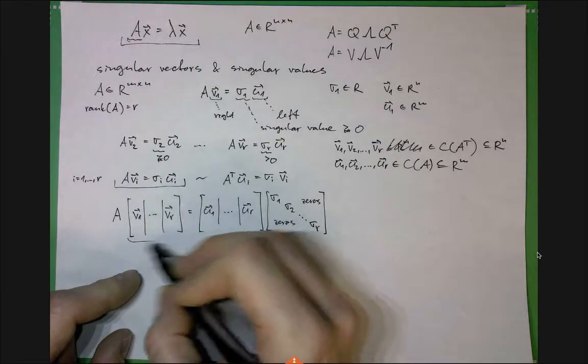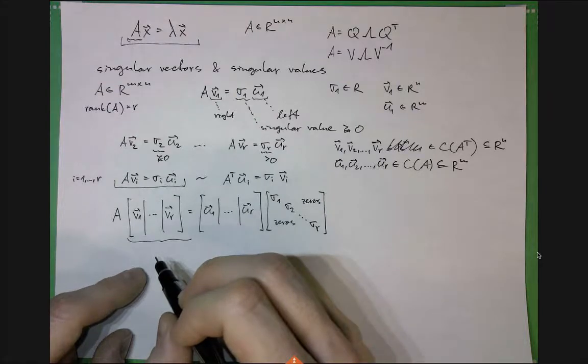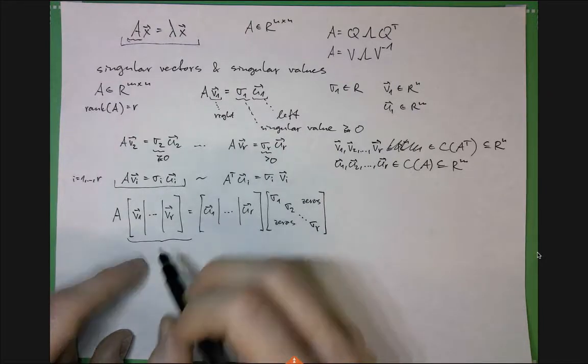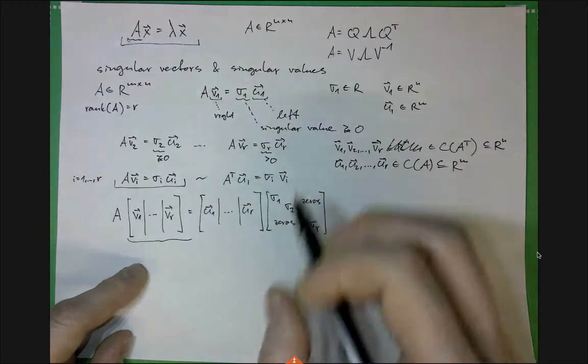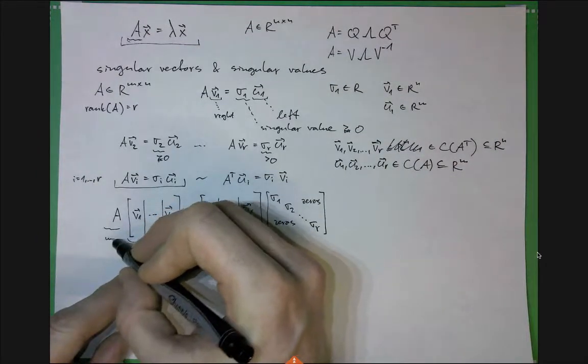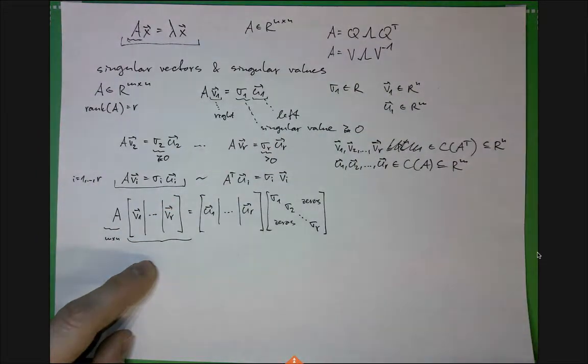Might be interesting to take a look at the dimension of this matrix. You tell me. So A was m by n to begin with, right? So what is going to be the dimension of this one? n by r.